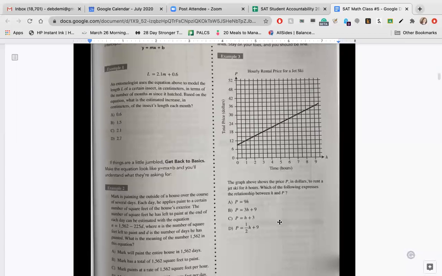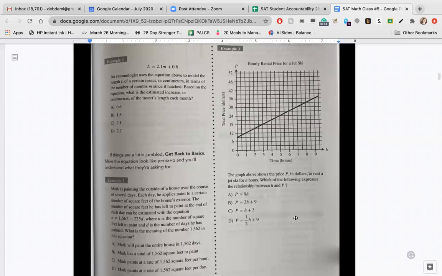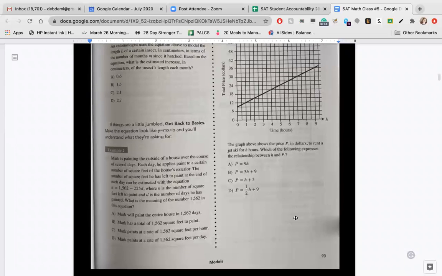Okay, so up there we have a graph and you need to find the equation for that graph. Go.